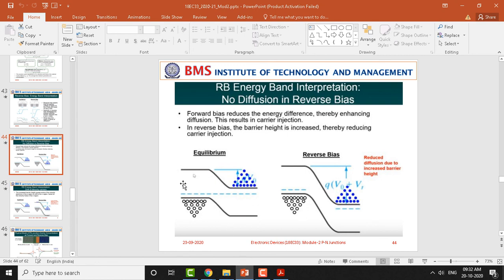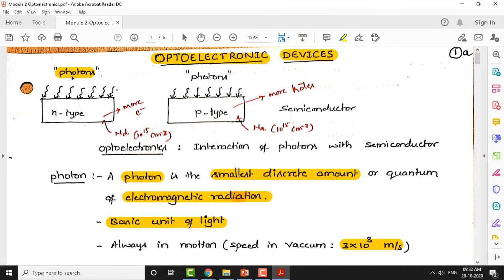Earlier you were supplying some external source of energy to decrease or increase the barrier. Now that role is taken by photons. Whenever photons fall on an n type or p type semiconductor, the upper one is the conduction band, which contains lots of empty states, and the lower one is the valence band.